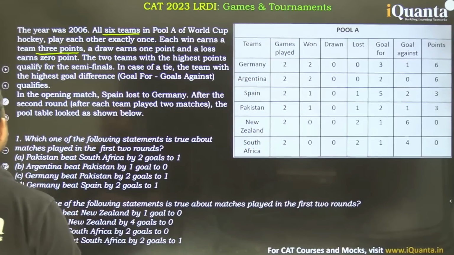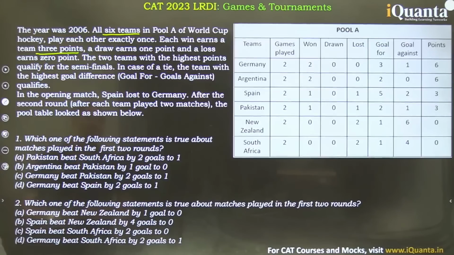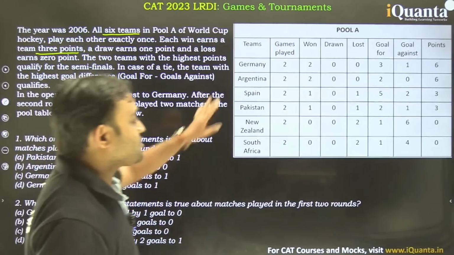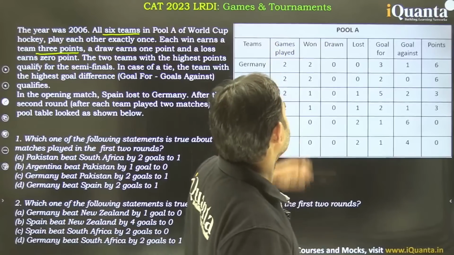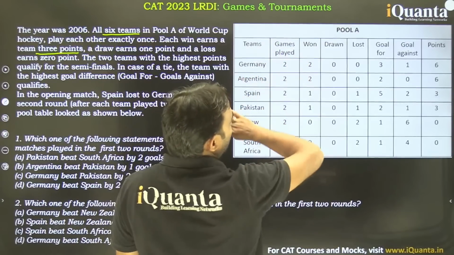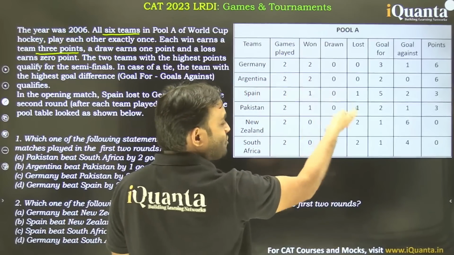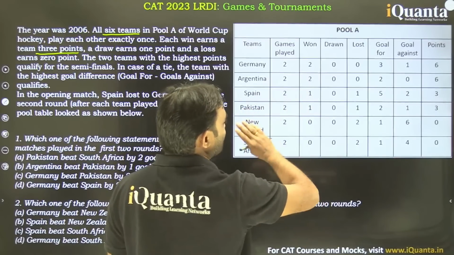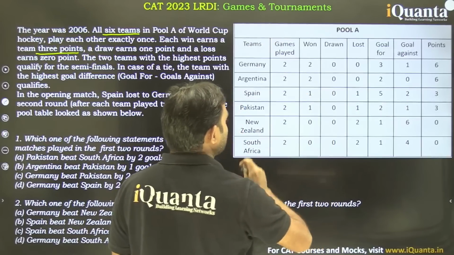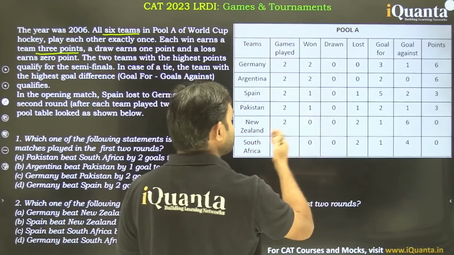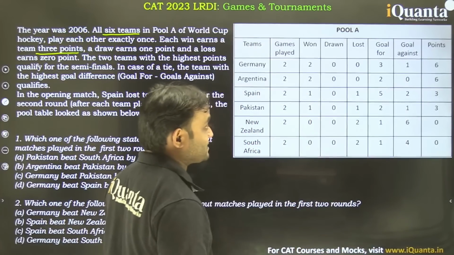In the opening match, Spain lost to Germany after the second round, after each team played 2 matches. So these are the records when each team has played exactly 2 matches. Germany won both the matches, Argentina also won both the matches, Spain won 1 match and lost 1 match, Pakistan won 1 match and lost 1 match, New Zealand lost both the matches, South Africa as well lost both the matches.